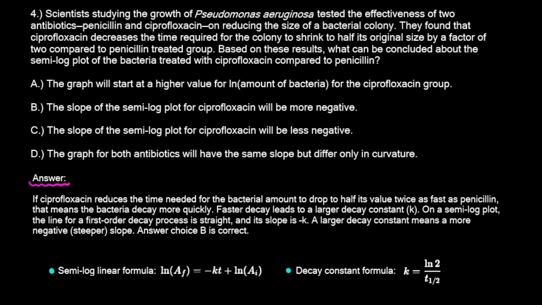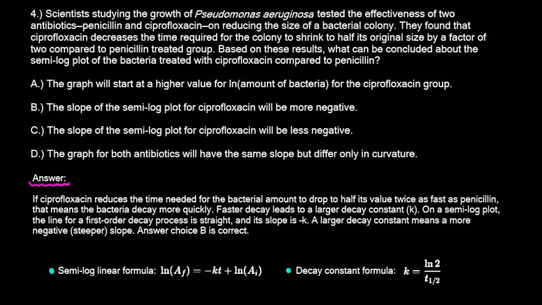On a semi-log plot of the ln final amount versus time, the straight line slope is determined by the decay constant k from the equation ln AF = -kt + ln AI. So this means a larger k value leads to a steeper, more negative slope, and a smaller k value leads to a flatter, less negative slope.